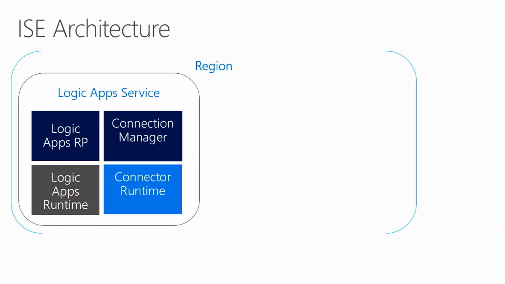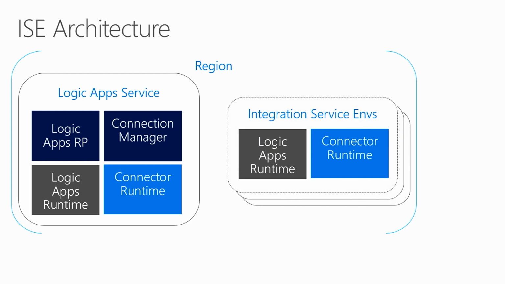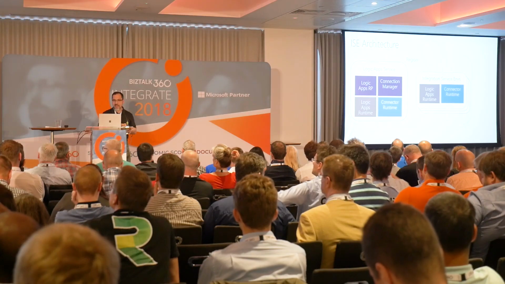So what does that architecture look like? We had this picture before of what one of our stamps looks like in a region. When you create an integration service environment, we'll actually take the runtime and the connector runtime and host that into your own private environment. It will be treated almost like a new region, and I'll show you that in a minute.